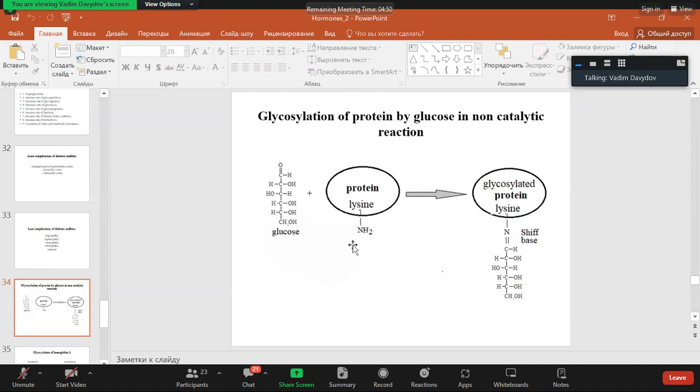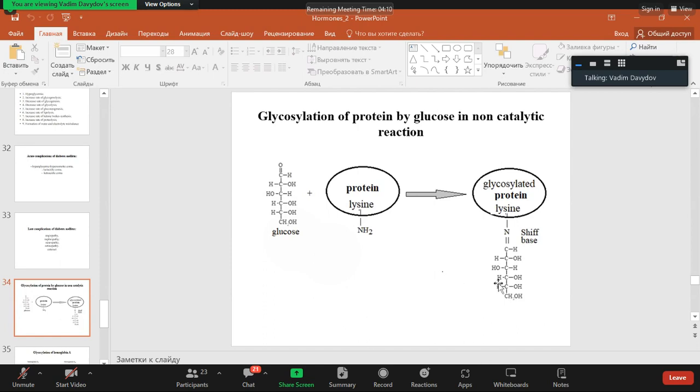It's a non-catalytic process. When the concentration of glucose inside the cell or in the blood increases, glucose may bind with protein, resulting in so-called glycosylated proteins. A residue of glucose binds with the polypeptide chain via a Schiff-base bond. It's a tight bond.